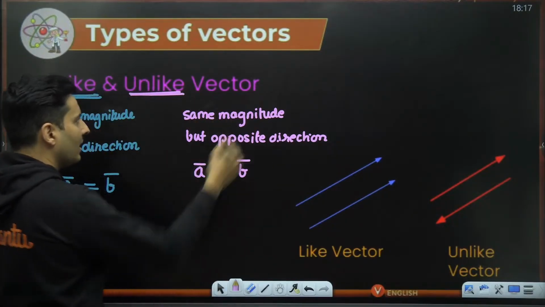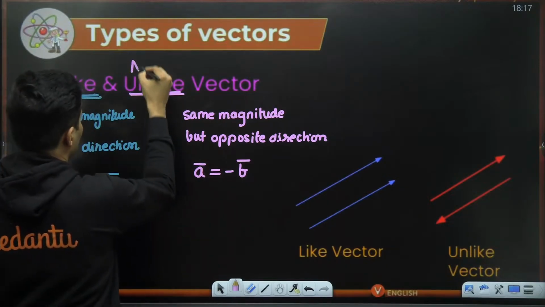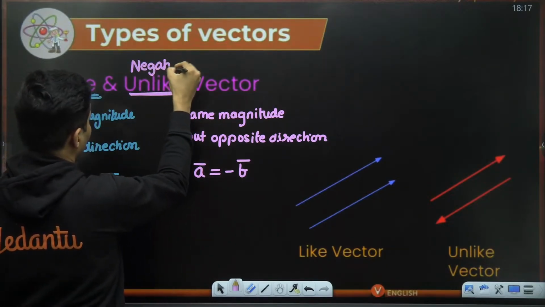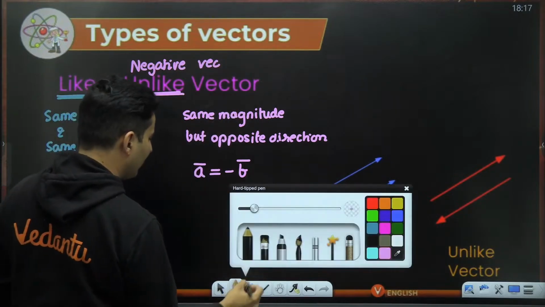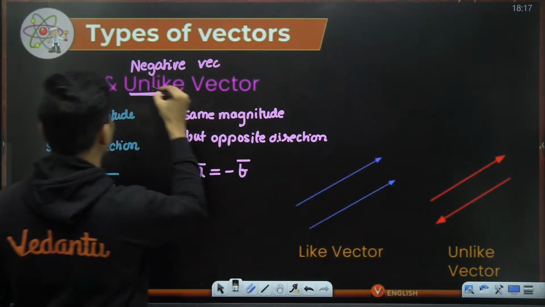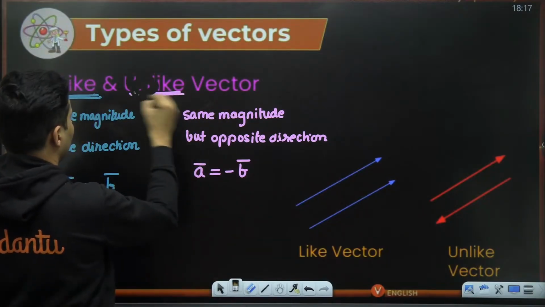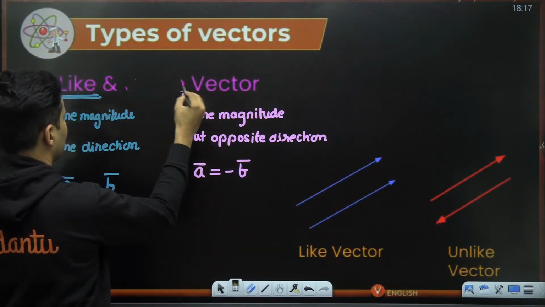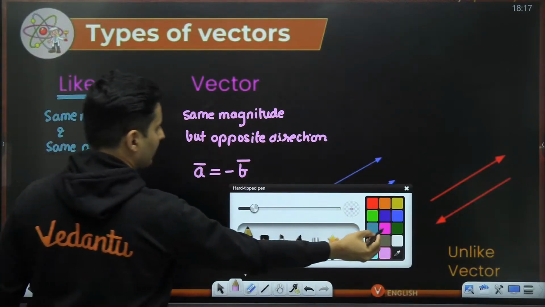So then I will say they are unlike, or sometimes I can call them negative vectors also. A better word for this instead of unlike will be negative vectors. That is better. Negative vectors.